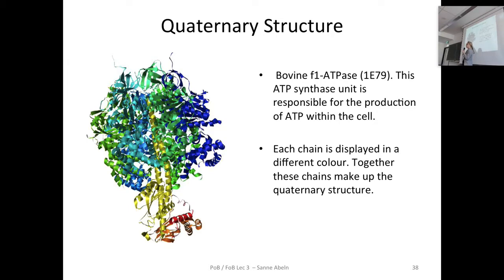So it's a huge complex of different proteins binding specifically together. From the structure you can immediately see that this needs to be stuck together through the interfaces between these proteins to make it a structural unit and a working complex. This is usually what we refer to as a quaternary structure.